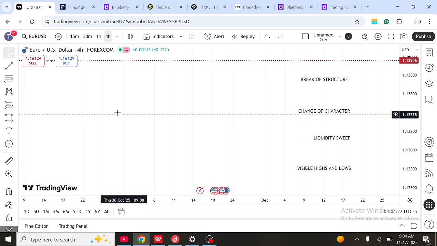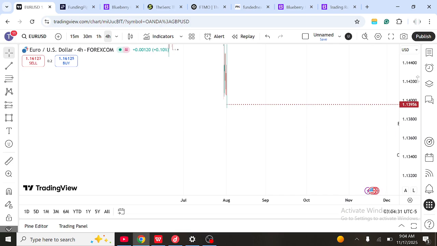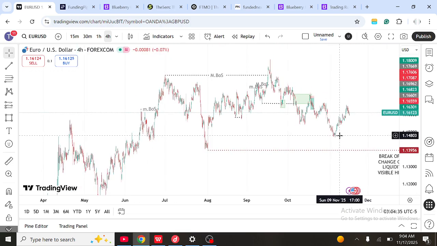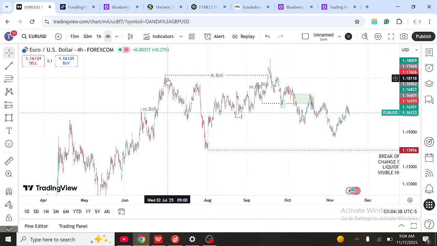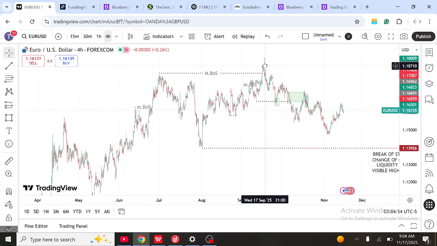So these visible highs and lows are the highs that everyone can see in the market. For example, this one that we have here. We have a high here, then price was bearish. When price is getting back to this level, we expect a kind of reaction. And that is what we have here.